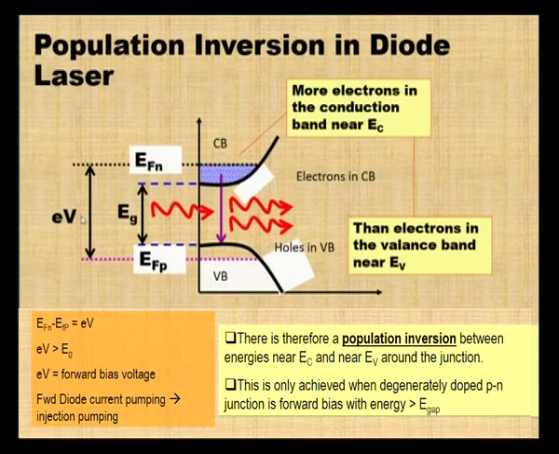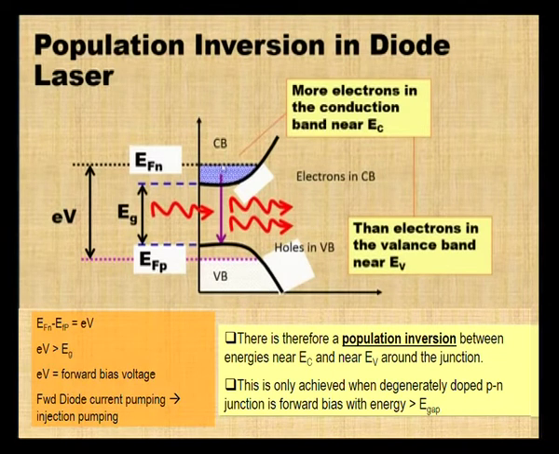Next, population inversion. How does population inversion take place in the diode when it is forward biased? Without bias, there is no population inversion between energies Ec and Ev around the junction. This is how the population inversion takes place: in the conduction band, more electrons will be there than in the valence band.